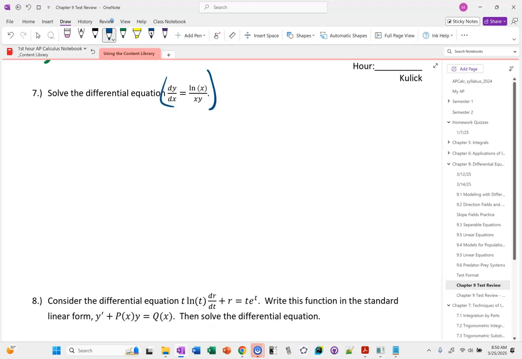So I want to get the y's and dy's on one side and the x's and dx's on the other. So there we did it. Everybody agree on the separation?